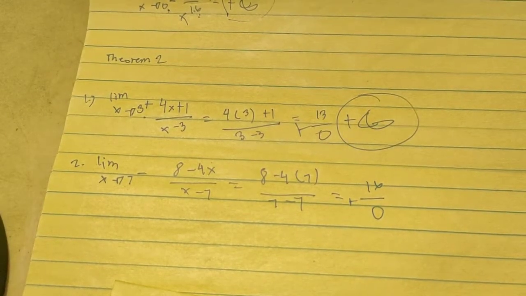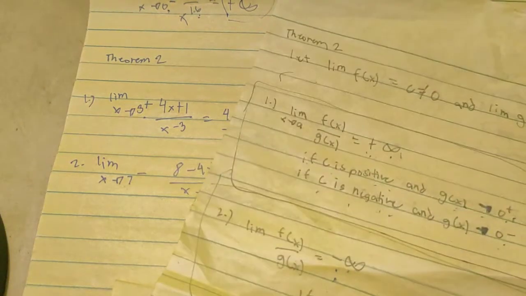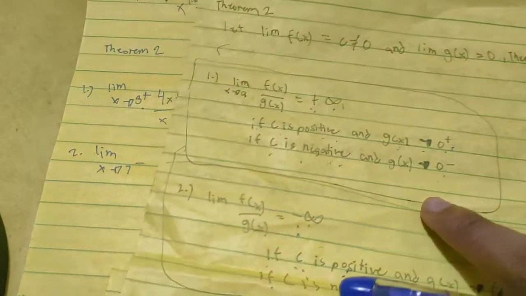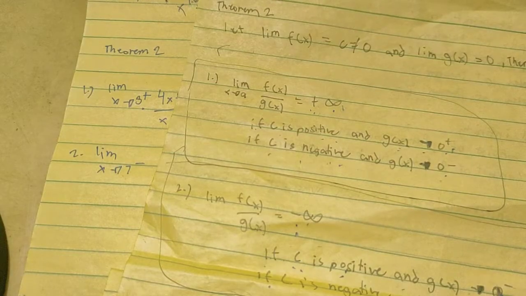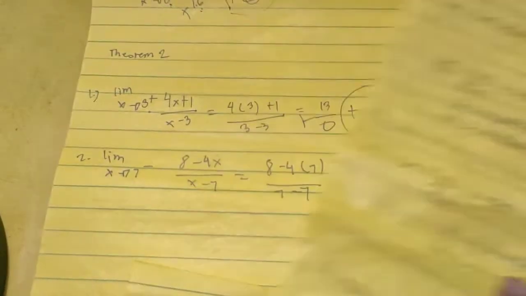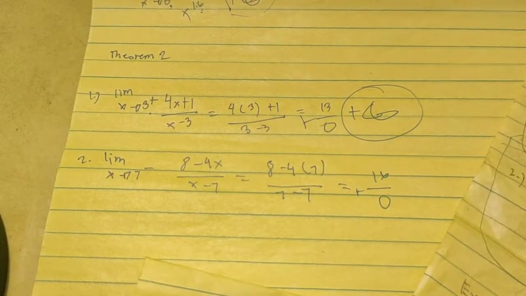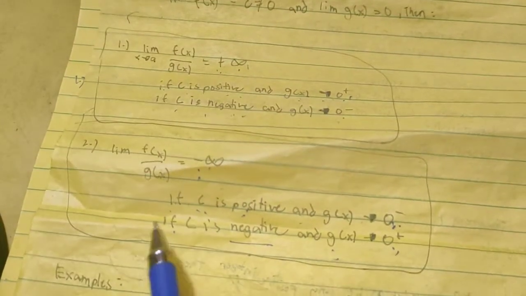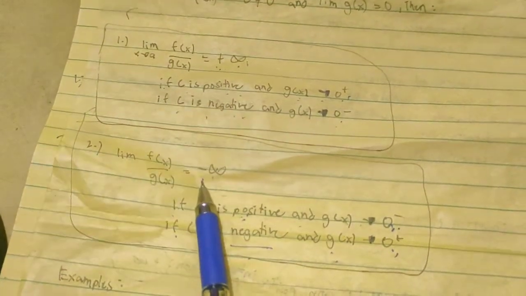So, if we take a look at our instruction, if the limit approaches to the left and the constant is positive, it should be negative infinity.